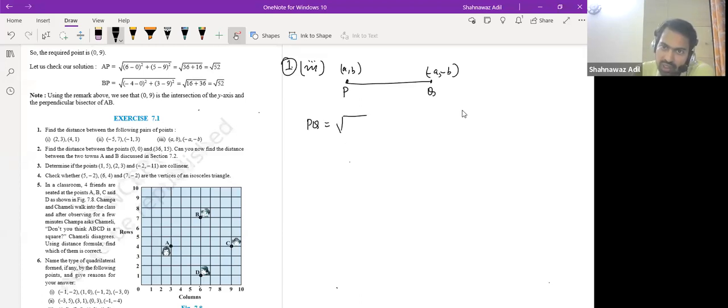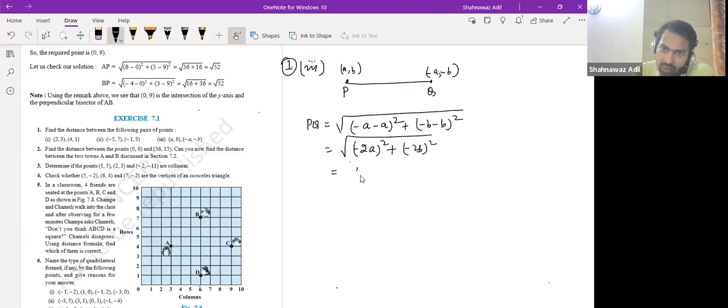This would be minus a minus a whole squared, and then this would be minus b minus b. Right? So this is minus 2a squared and this is minus 2b squared. So this is 4a squared plus 4b squared.